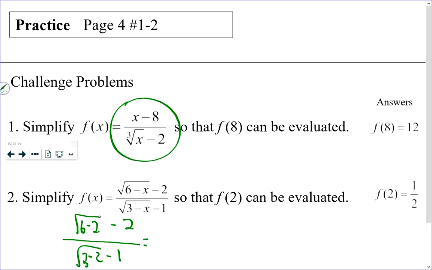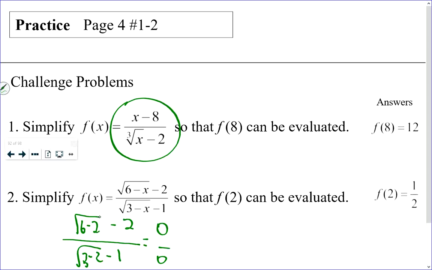You get root 4 minus 2, which is 2 minus 2, which is 0. And in the denominator, you get root 3 minus 2, which is root 1. Root 1 minus 1 is 0. I'm telling you that it's possible to use your mathematical magic to do something to this expression so that you can put 2 in and calculate the value.